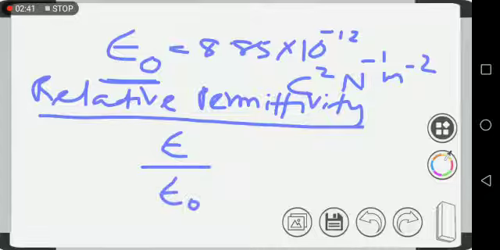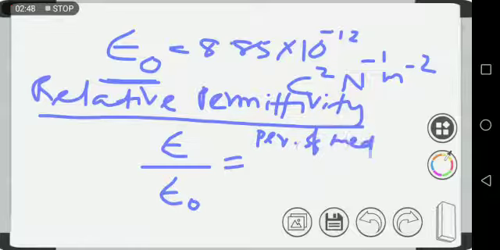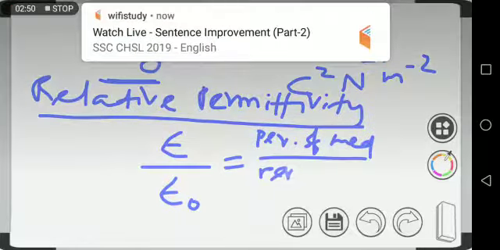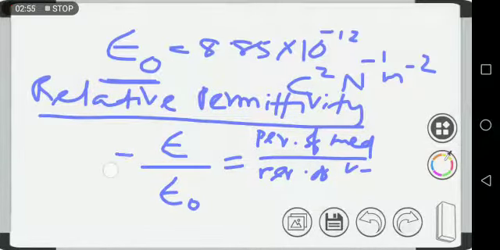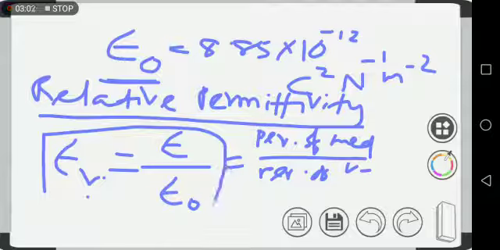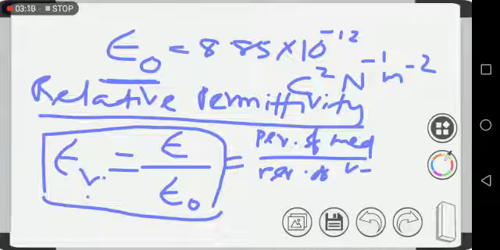So this ratio of the permittivity of a medium and the permittivity of free space is called the relative permittivity epsilon r. It is easy to remember a ratio, so we convert this permittivity into a relative permittivity, which is defined as the permittivity of the medium with respect to that of free space or air.